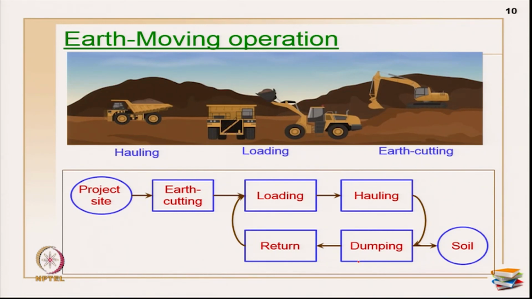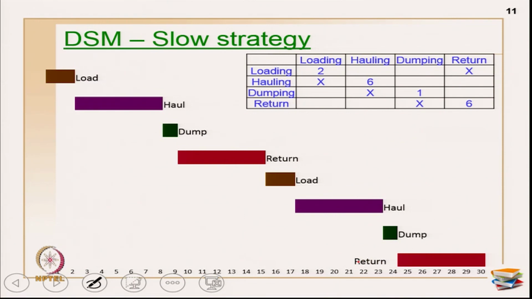If I am going to model only the activities here, how many activities are there? Loading, hauling, dumping and return. There are 4 activities available in this particular example. And one thing you should know is all these 4 activities are in cycles. I gave some rough durations based on assumptions on data that they collected from the site.